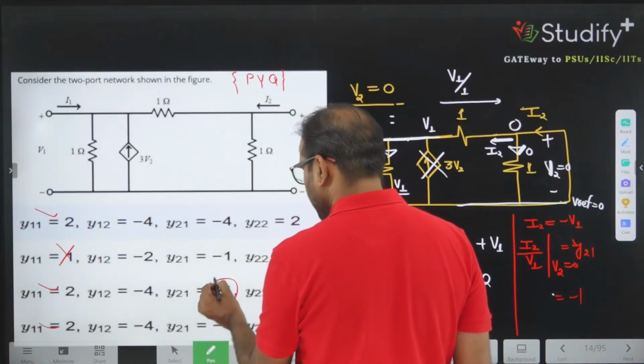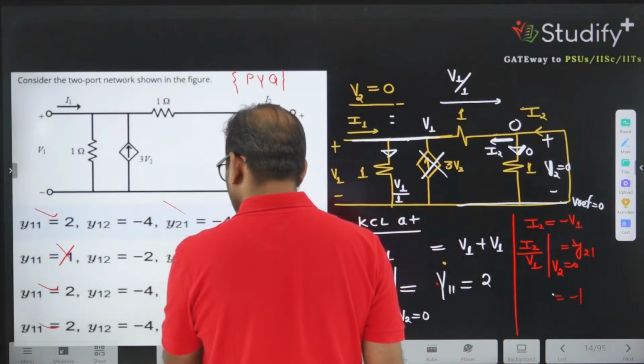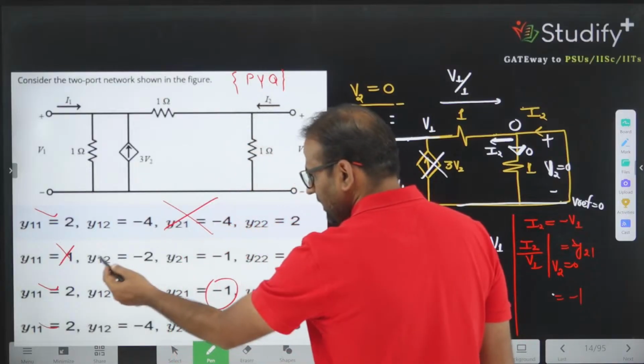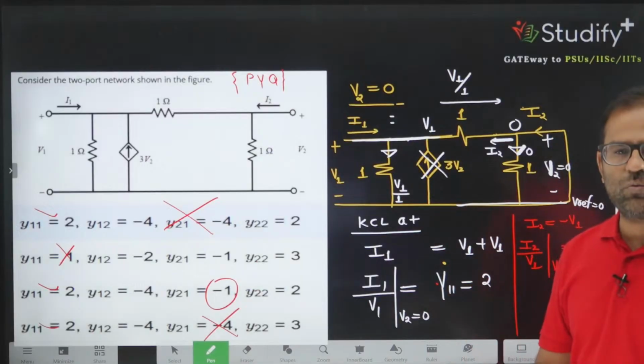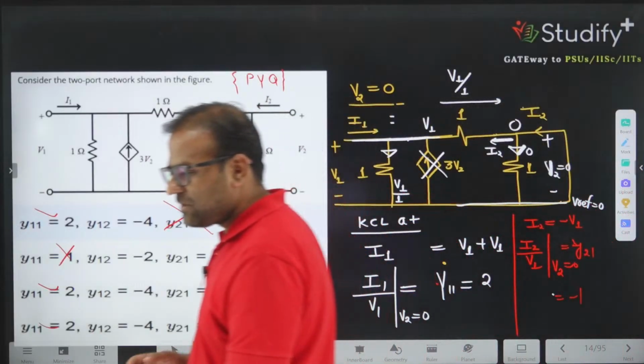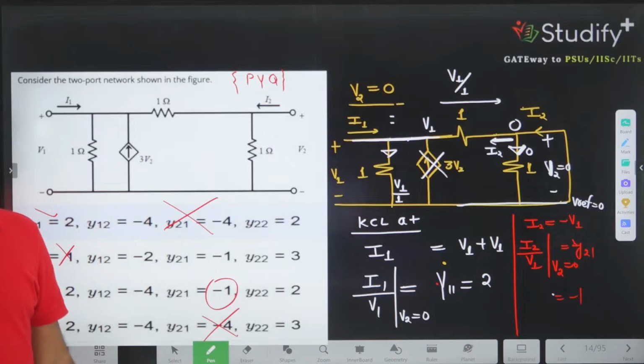So this option cannot be true, this cannot be true, and this cannot be true. Which option is true? The C option is true, but we are not matching the option. We will solve the whole story. What is the next part?